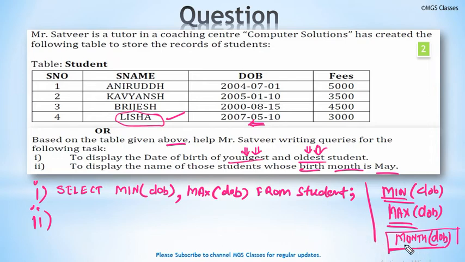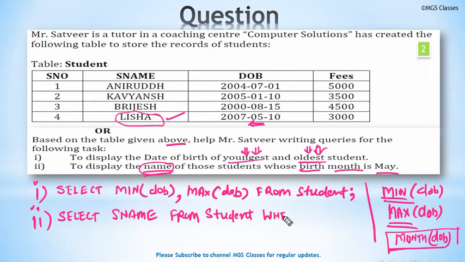or another way you can also use. Let me write first using the month of DOB. So you will write select, and then the name we need to display. So we need to display name only. So you will write select name, and then from which table, the student table, so you will write student, and then a where condition.